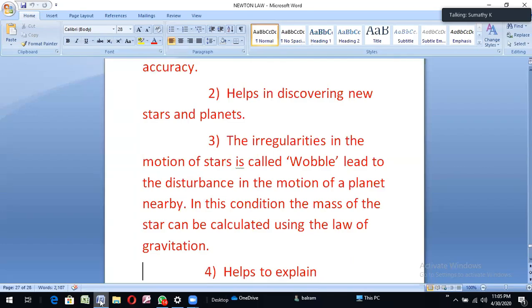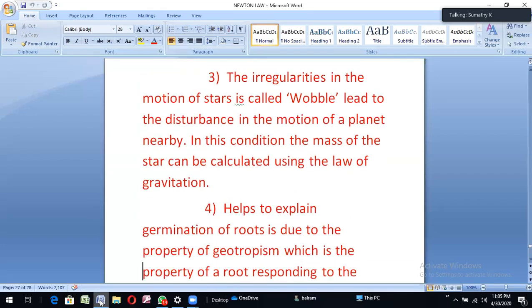It helps to explain the germination of roots. Germination of roots is due to the property of geotropism. What is geotropism? Already we know how the seed germinates, and then the root grows into the earth, into the soil.